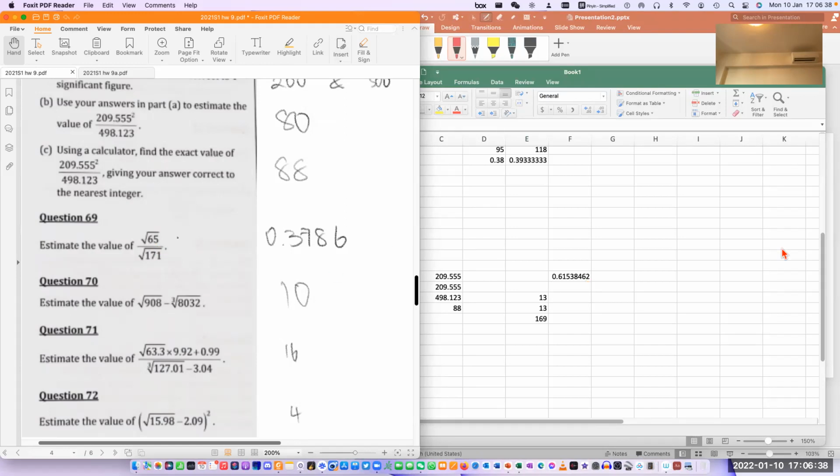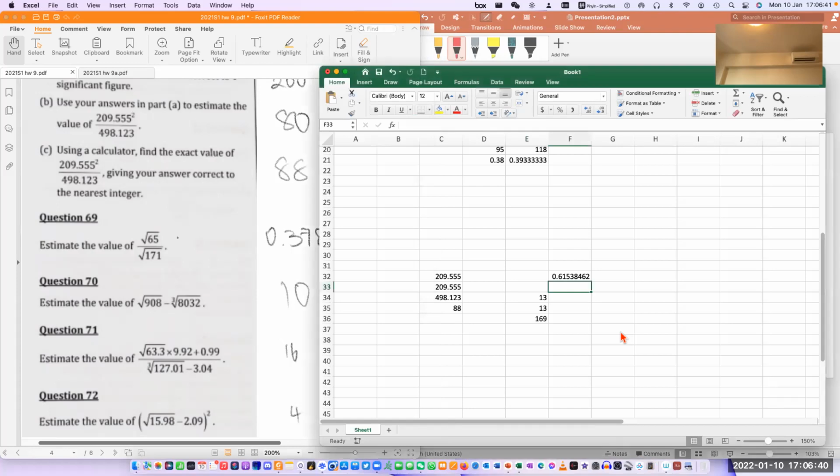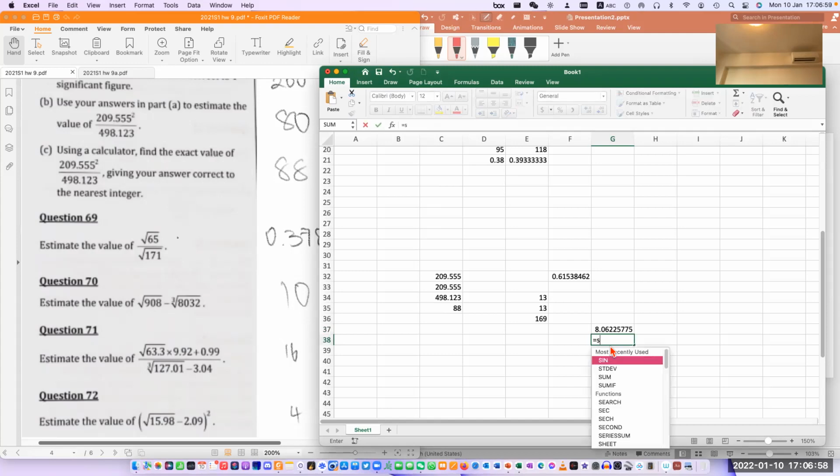So let me find out the original value then. It's pretty off, right? So square root. This is how you enter square root. I need to square root 65, I get this. Then I need to square root 171, and then I need to divide. It should be this, right?